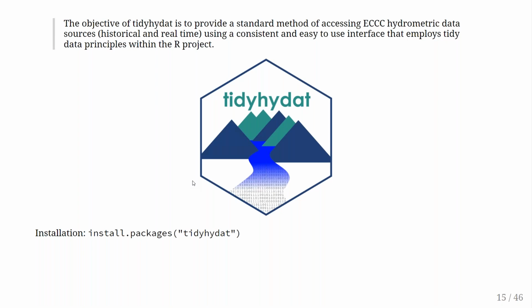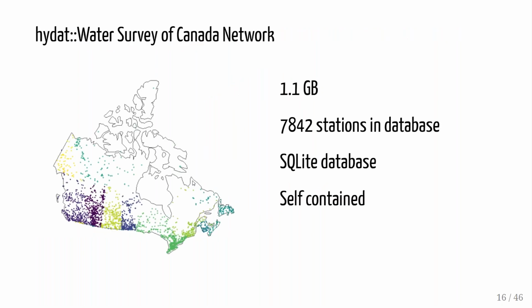And if anyone's ever worked directly with the HYDAT database, it has some historical reasons for this, but it's in a little bit of an unwieldy format. So behind the scenes, tidyhydat turns things into a tidy data frame, a more usable approach.